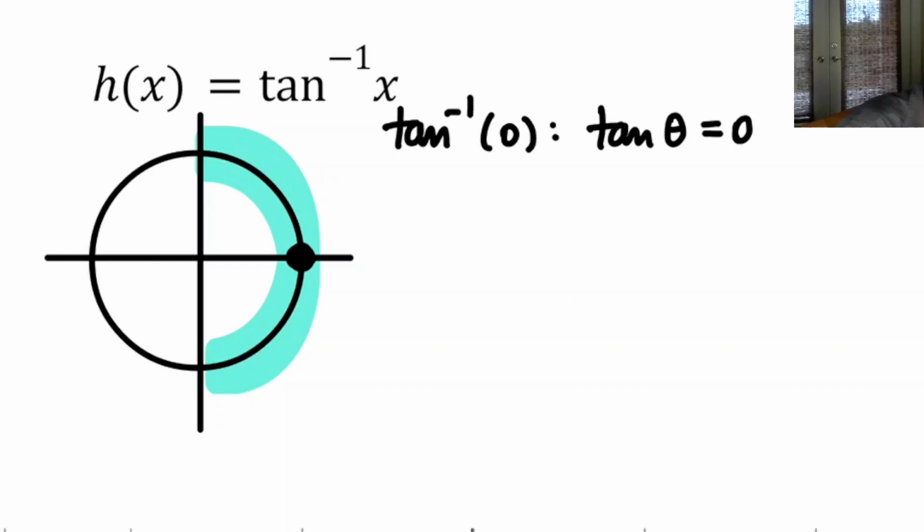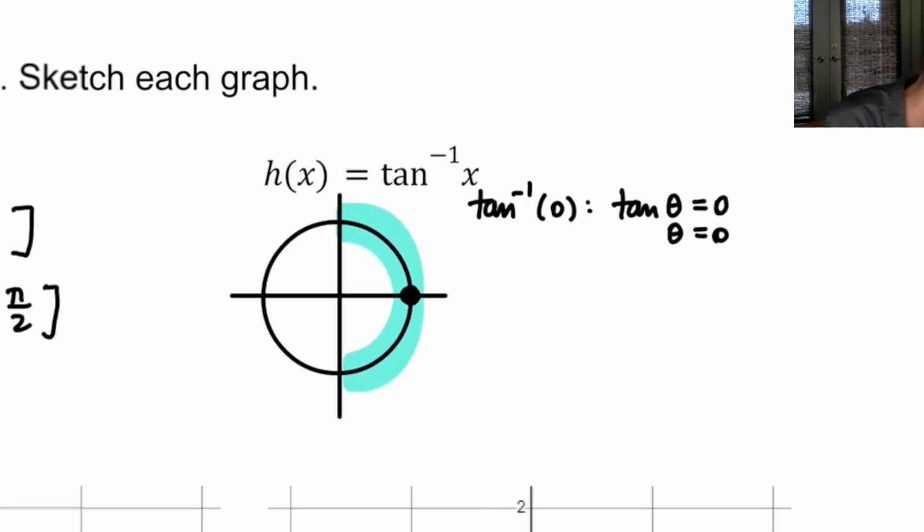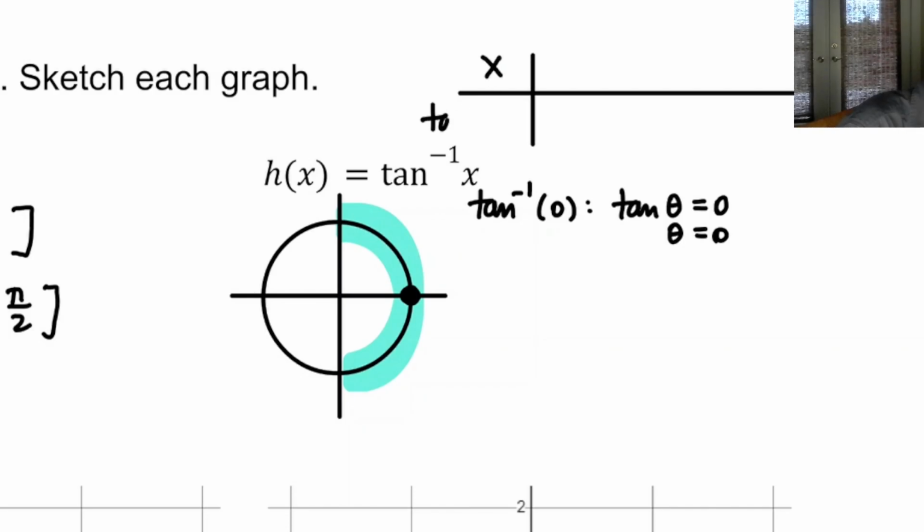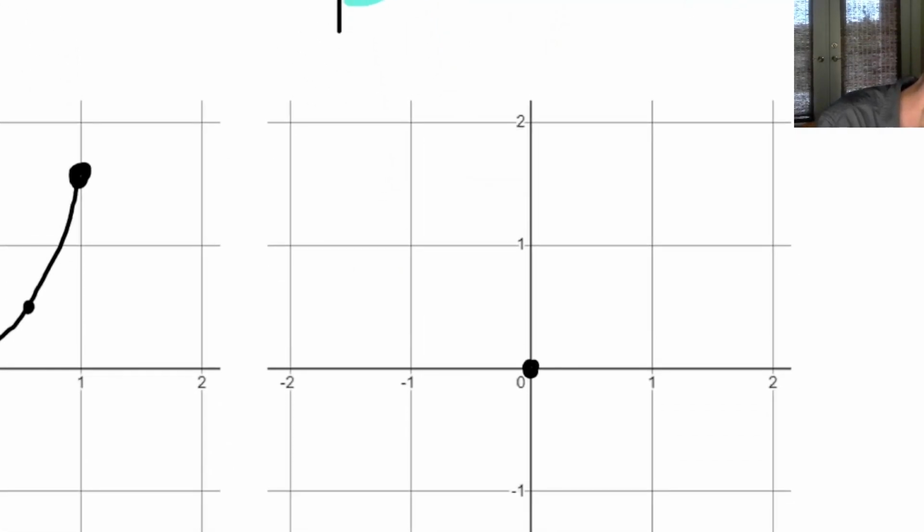And that gives me theta equals 0. Okay, so inverse tangent of 0 equals 0. Maybe I can get a little bit more room. I'm going to make a table, but this time I'm going to make it horizontal. All right, so x and arc tangent of x. Okay, I plugged in 0, I got 0. So I'll plot the origin on my graph.